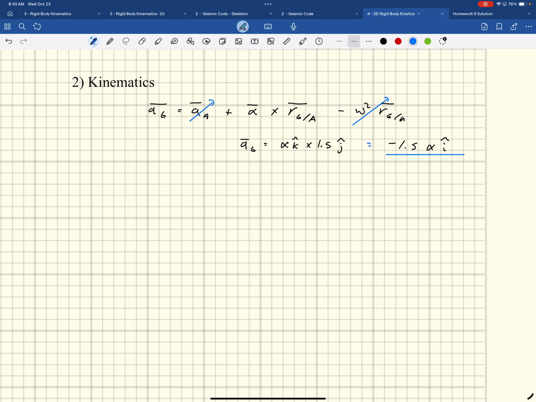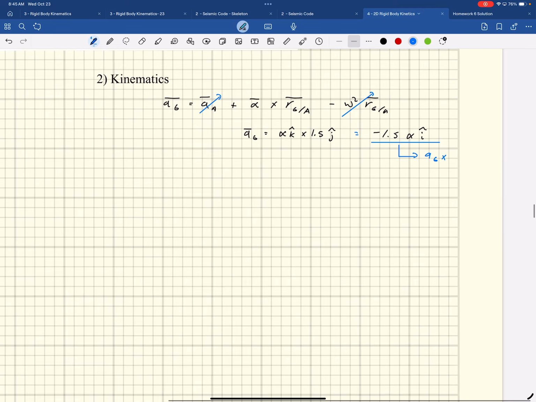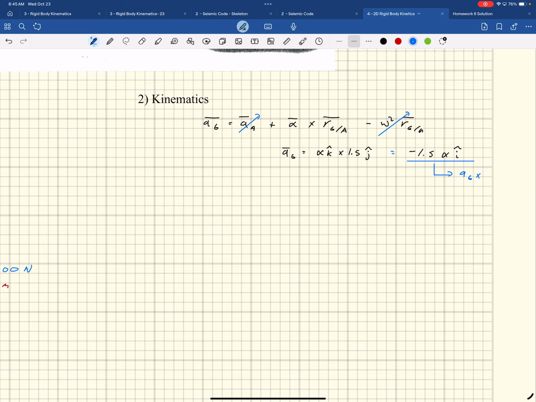And this is AGX. AGY would be 0. Okay, so now we do equations of motion.